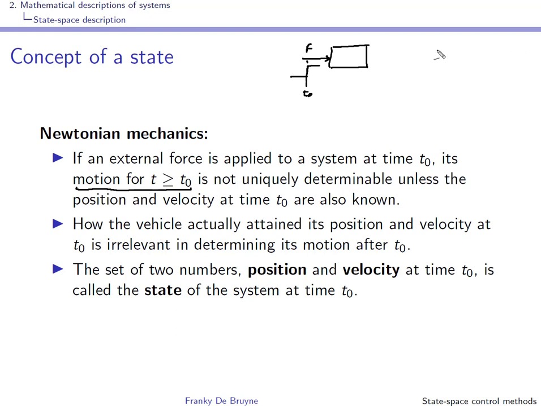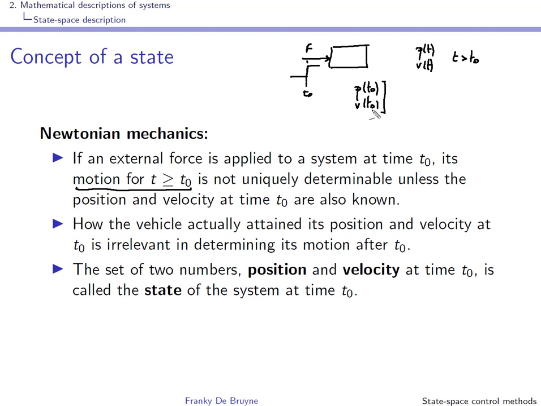So we are interested in the position, let's call it p(t), and the velocity v(t) after time t0. The question is, what do we need to know to uniquely determine the motion of this object? Well, of course we need the position at time t0 and we need the velocity at time t0.